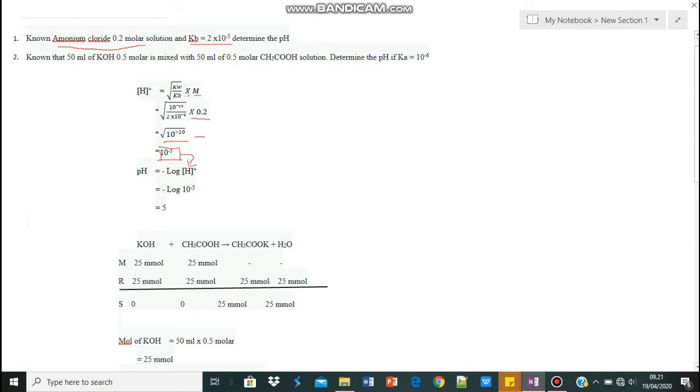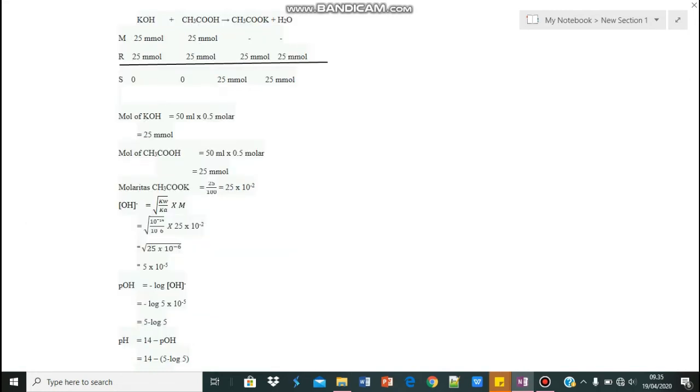So pH is minus log 10 to the minus 5. So we get the pH of ammonium chloride solution is 5.